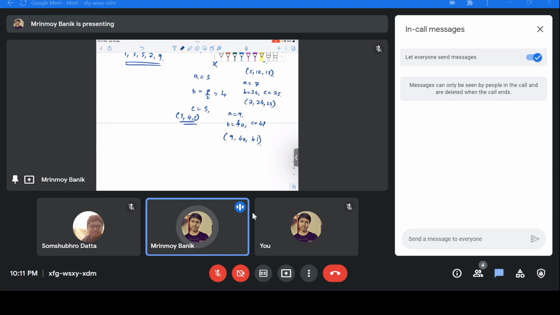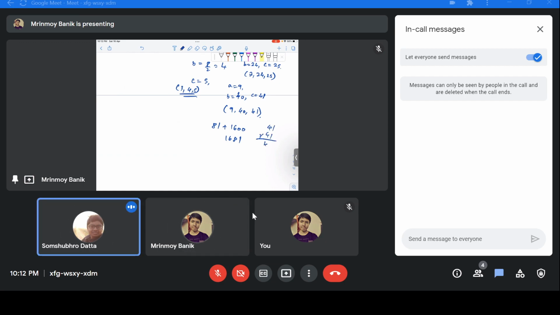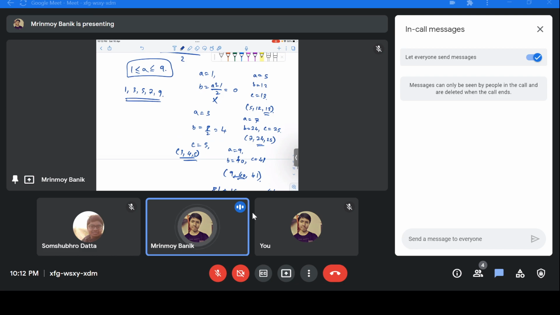I hope they are Pythagorean tuples, so should I check? 81 plus 40 squared, which is 1600, yes, it's done. 41 squared minus 40 squared will also work. So we already got four tuples from the first case, b equals c minus 1.